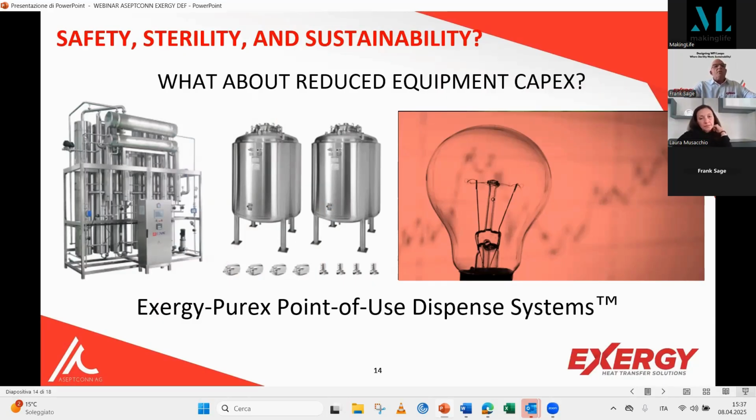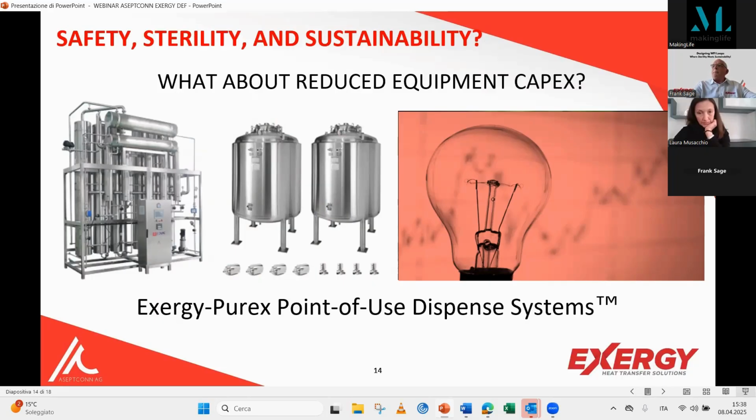So what about reduced capital expenditure? How can we reduce that? When a WFI distribution loop is designed using Exergy Purex point of use dispense systems, we can completely eliminate WFI waste. And the elimination of WFI waste downsizes the WFI generation and storage required to meet the process needs.